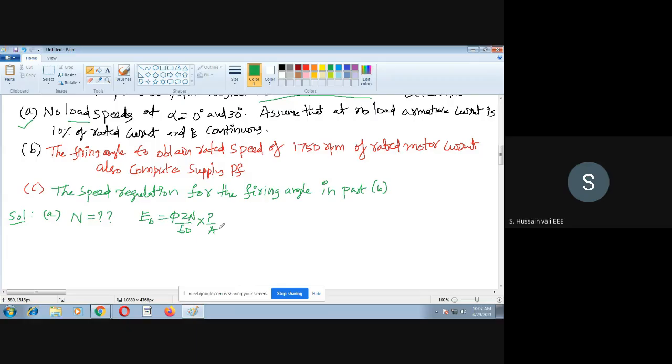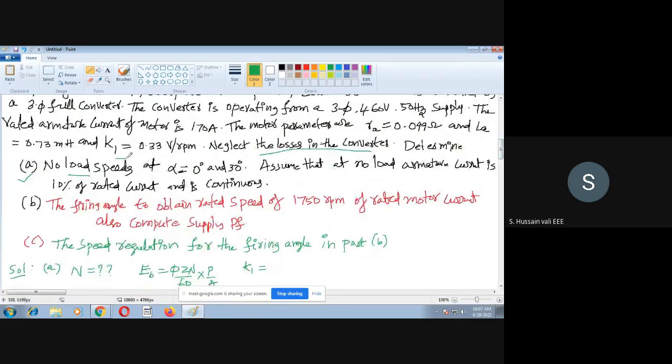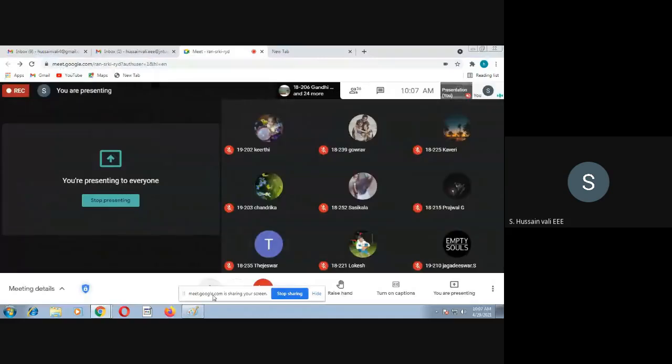Now see here, he has given one constant K1. What is its value? In the problem, he has given constant K1. Yeah, this one, 0.33 volt per RPM.